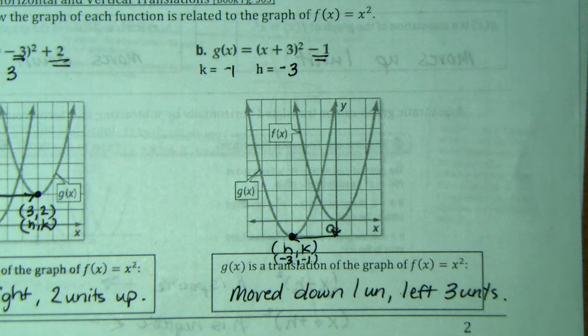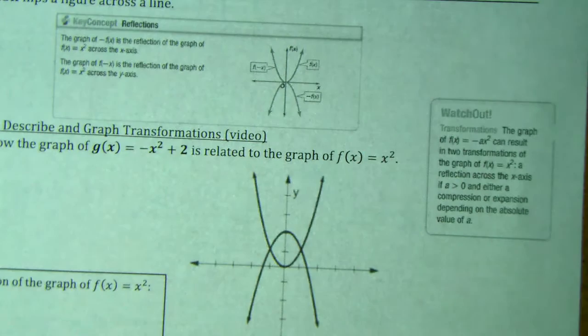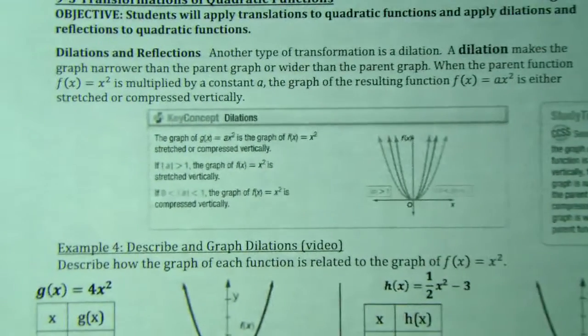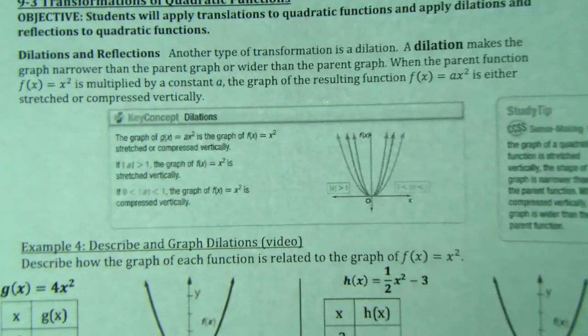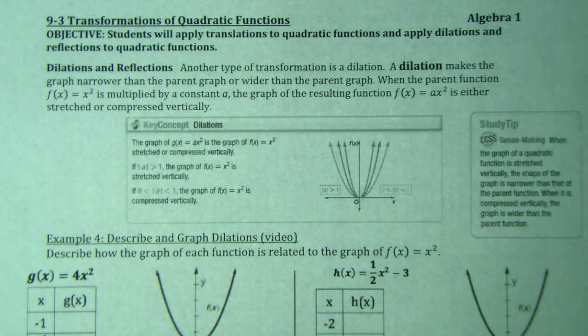Okay, if you turn to the next page, here's where we're going to talk about a dilation or a reflection. Remember a dilation, and I don't really necessarily like the word dilation, but that's what they choose to call it. It just means that your curve is either going to be skinnier or fatter. All right? And here is what controls that.